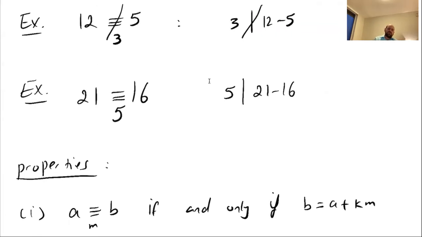Why? Because one of them, which is 21, was written as the other one, which is 16, plus 5. And 5 is, of course, a multiple of 5. So one of them should be written as the other one plus a multiple of M. In that case, it was 5.